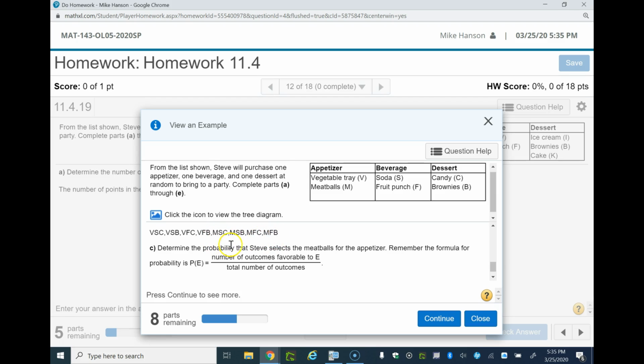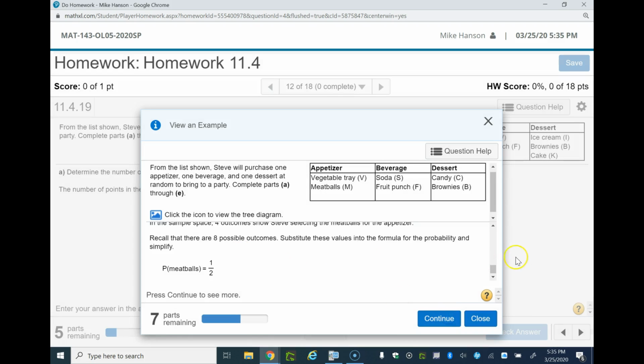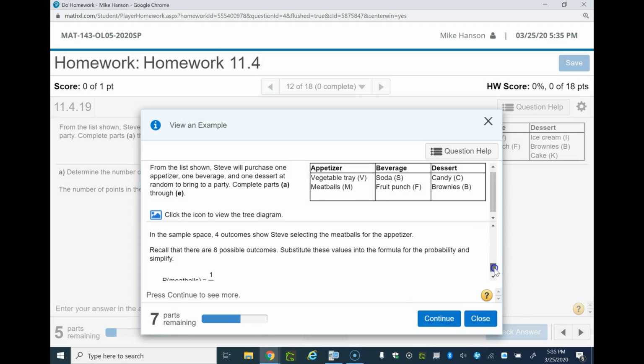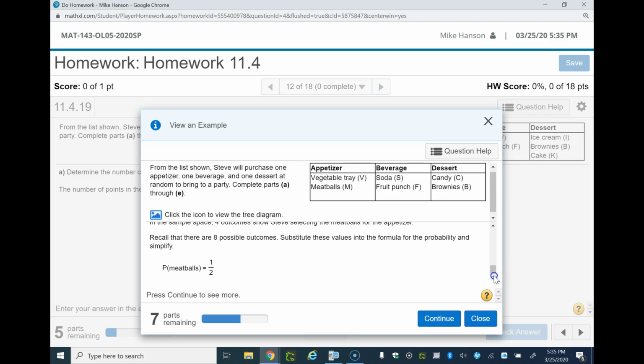So how many are there? 1, 2, 3, 4. So the number of positive outcomes is going to be 4. Out of what? The total number of outcomes, remember, is going to be 8, because 2 times 2 times 2 gives us 8. So if we reduce that, 4 over 8 reduces down to 1/2. So that's the probability of us having a meatball as our selection.